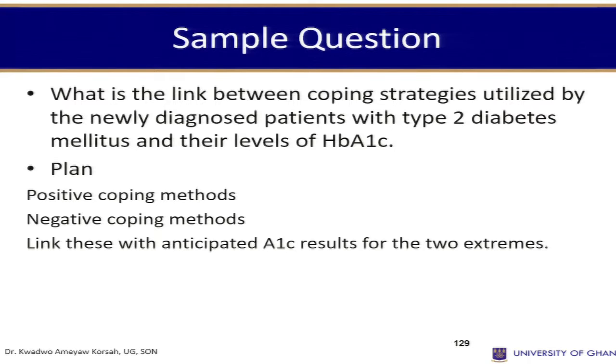Another question is, what is the link between coping strategies utilized by newly diagnosed patients with type 2 diabetes mellitus and then their levels of HbA1c? And the plan of action is look at the positive coping methods, and then look at the negative coping methods, and then link this with anticipated HbA1c results for the 2 extremes.